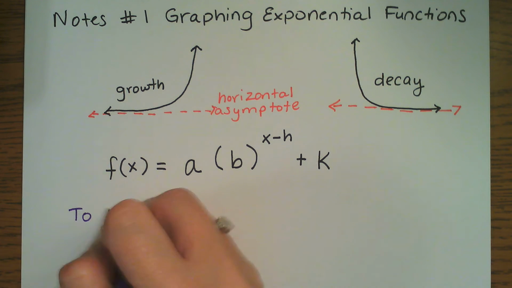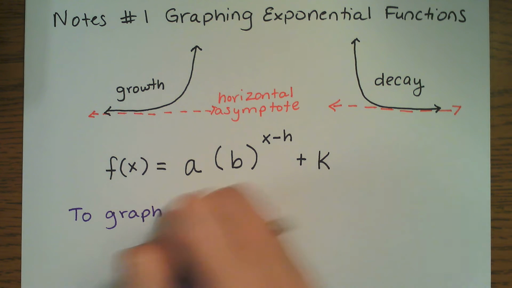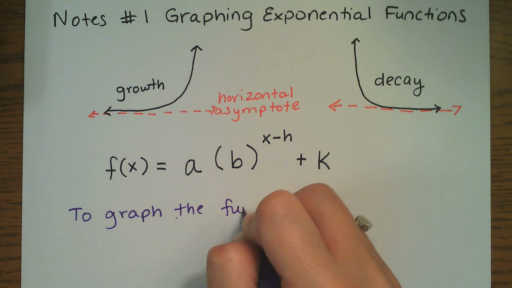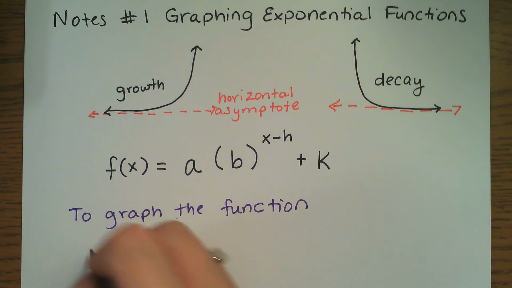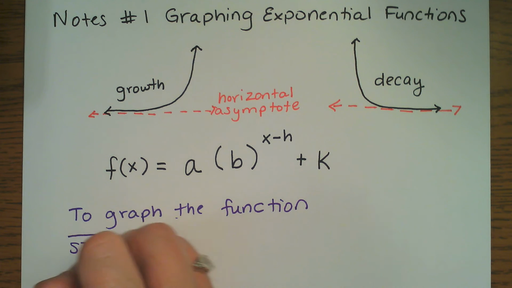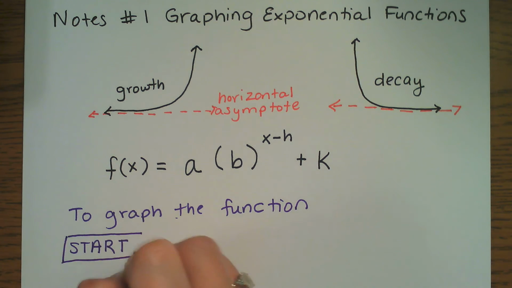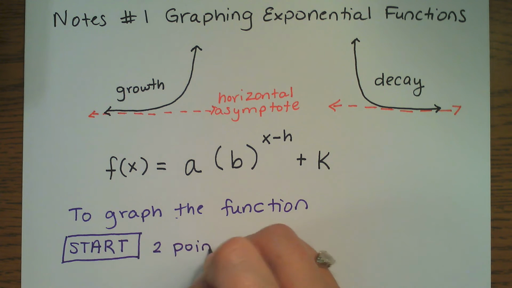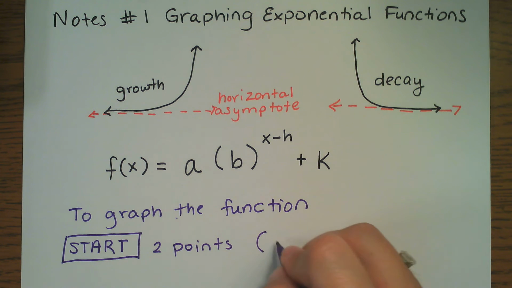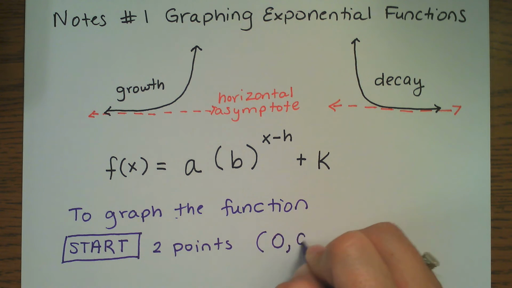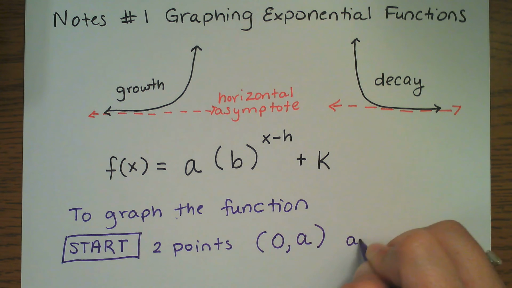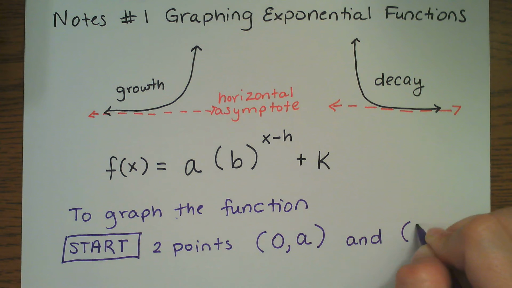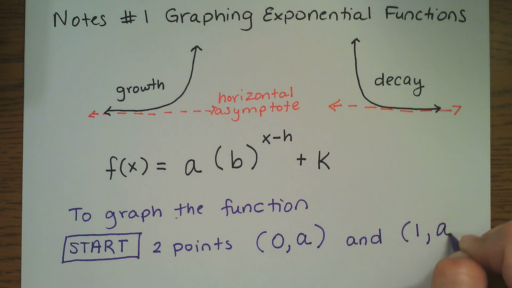To graph the function, you will start at 2 points: 0, comma, your a value, and 1, comma, your a times your b value.